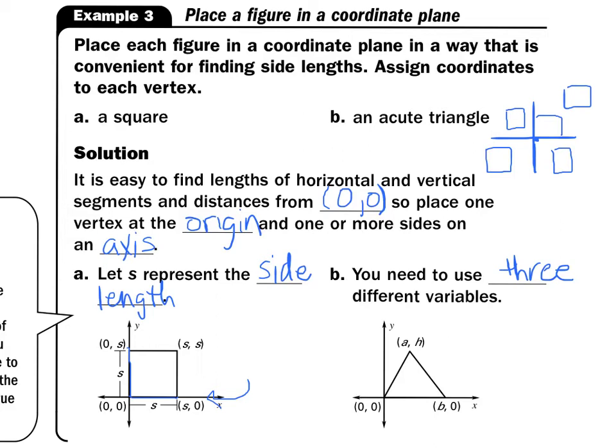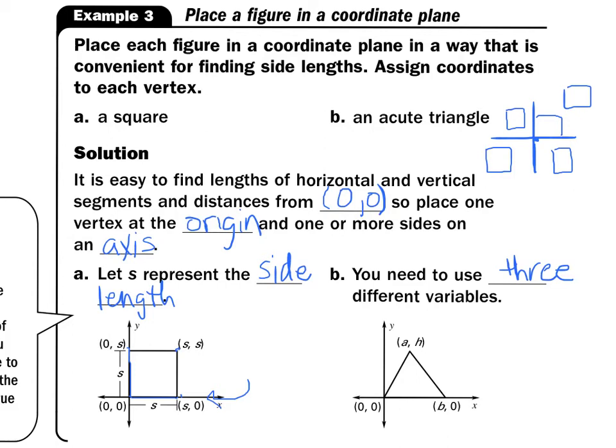That means that the fourth corner, fourth vertex, is S over, and then S up, so its coordinates are S, S. That's really easy to use a distance formula and prove a lot of things with it.